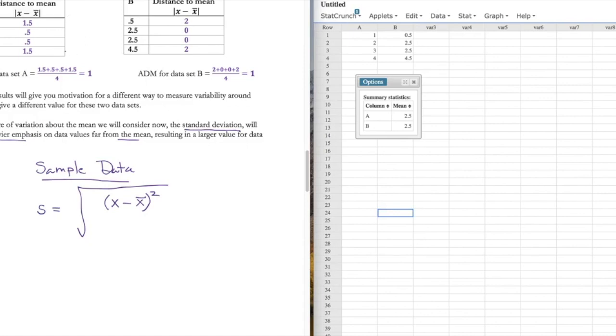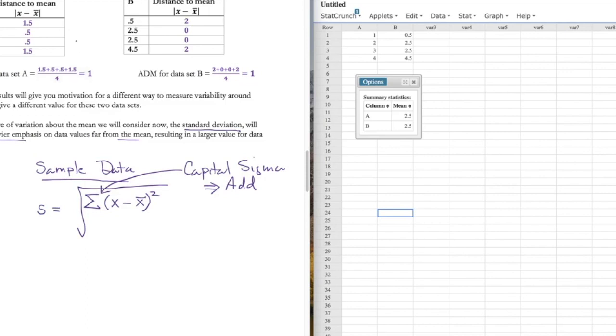Just like we do for the ADM, after we find all these values, we add them up. This is a capital Greek letter sigma, and it tells us to add. Every time you see this symbol, it's telling you to add together the values you have, or in other words, find a sum.